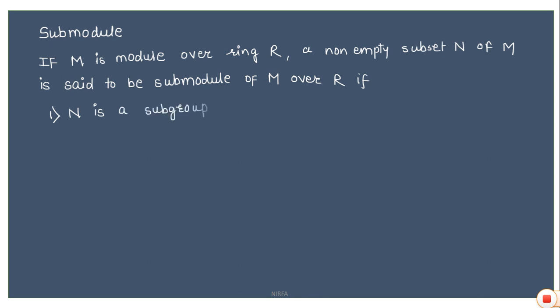The first condition is that N is a subgroup of M, and the multiplication of R into N: r is a member of the ring, called a scalar, and n is a member of N, which we want to become a submodule. So this multiplication will be again a member of N. If this happens, then that N, which is a subset of M, is called a submodule of M.